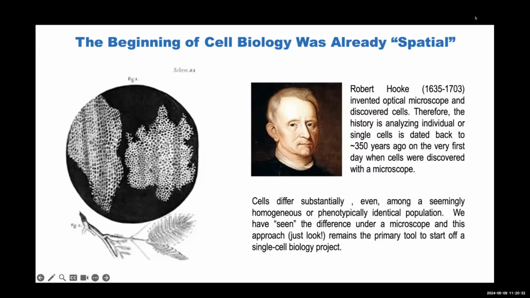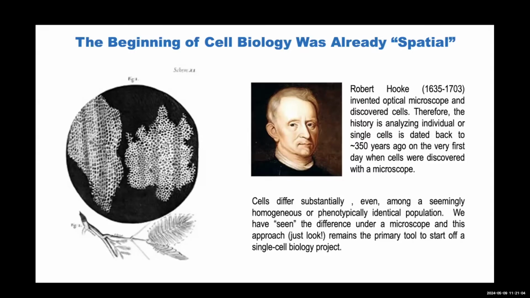Honestly, when the microscope was discovered by Robert Hooke many hundreds of years ago, if you look at the image captured by the very first microscope, you'll probably already realize that the cells here and there, in the same plant leaf, actually look different. Nowadays we know that cell functions are determined by their genetic, transcriptional, and proteomic programs.